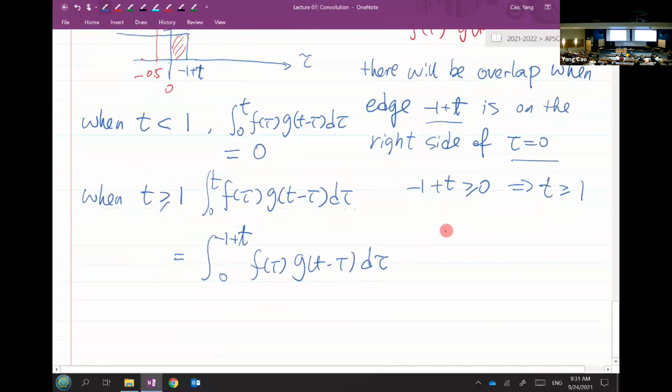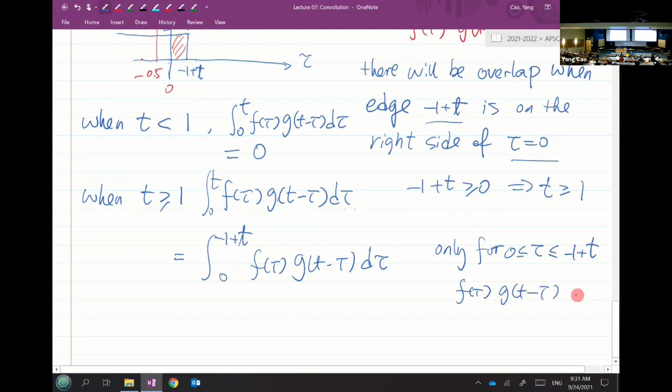So let me write it in here. Only for tau greater than 0 and less than minus 1 plus t is f of tau times g of t minus tau non-zero. That's how I end up with these new integral limits.